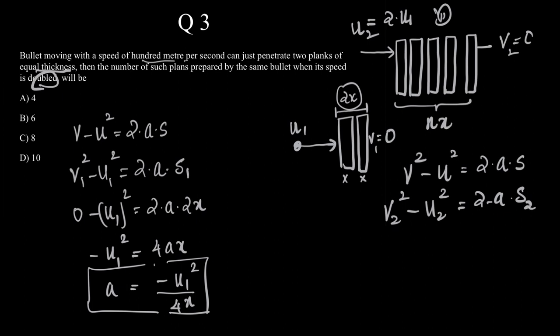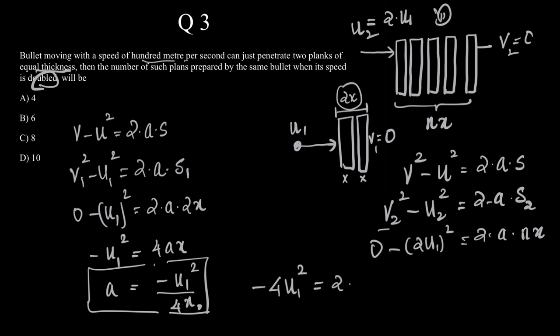Now s2 here is nx, and v2 is 0, so we have 0 minus u2, and u2 is 2u1 the whole square. This equation can be minus 4u1 square is equal to 2 into a. What is a? We have the value of a here. a is minus u1 square upon 4x, into n into x.